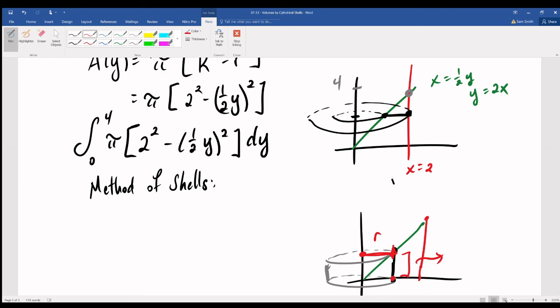So the radius is just x, and the height of the cylinder is given by the y value on the green function, which was y equals 2x.